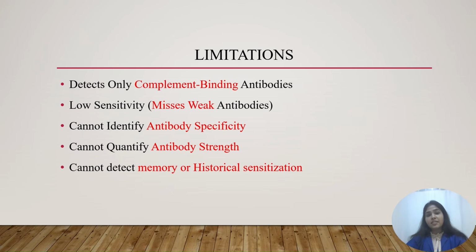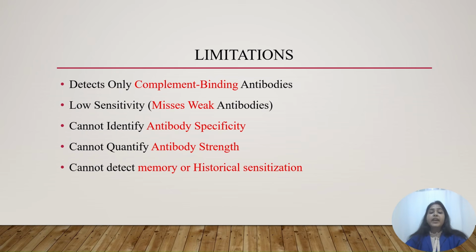But because it has low sensitivity, we go for other immunological pre-transplant testing, that is flow crossmatch, Luminex crossmatch testing, and antibody screening. It cannot identify the antibody specificity. It cannot specifically identify which antigen the antibody is directed to. That is why we need to go for some other test to get the specific antibody specificity, for example SAB.